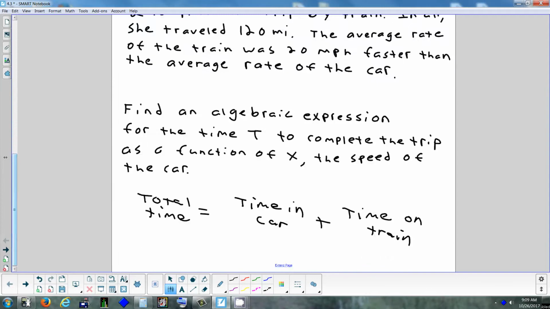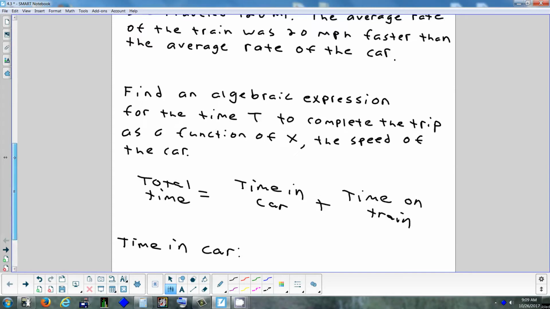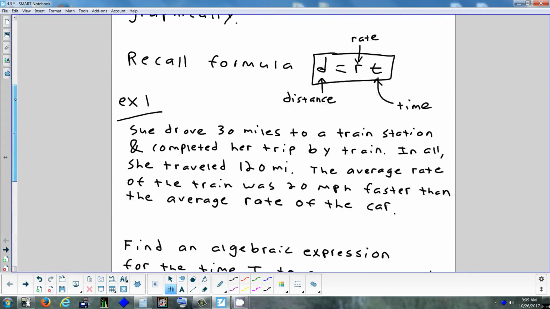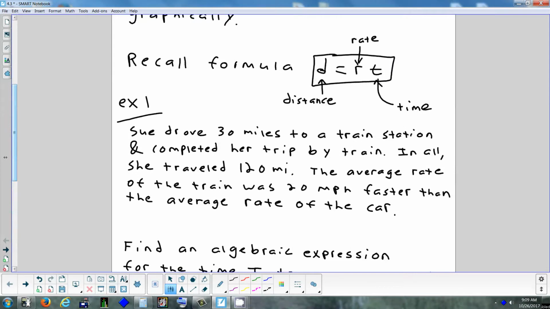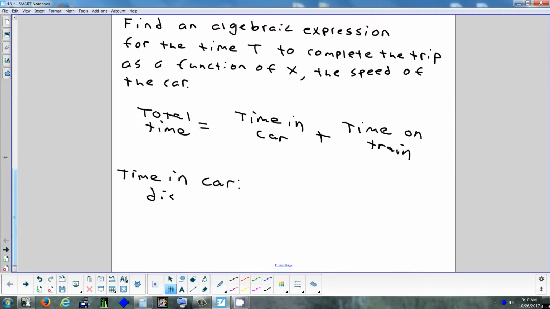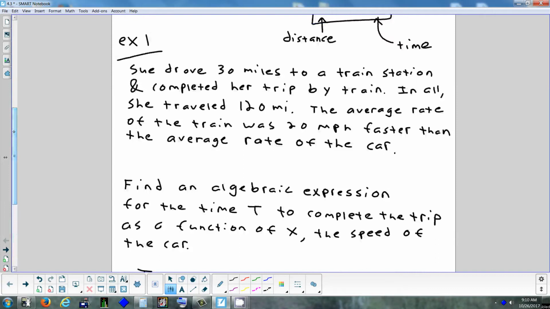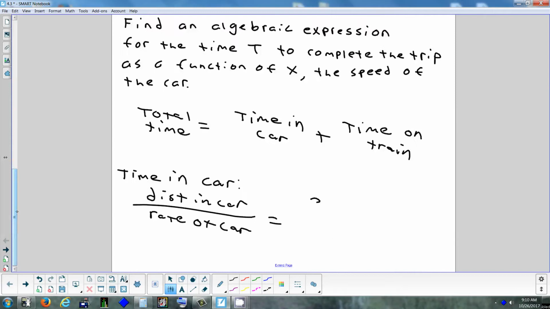Let's start with the time in the car. If we're doing things with time, we're going to want to use that formula, but we're going to want to solve it for time. So what does time equal? Distance over rate. So the time in the car is distance in car divided by rate of car. So let's see if we can figure out the distance. What's the distance she traveled in the car? 30 miles.